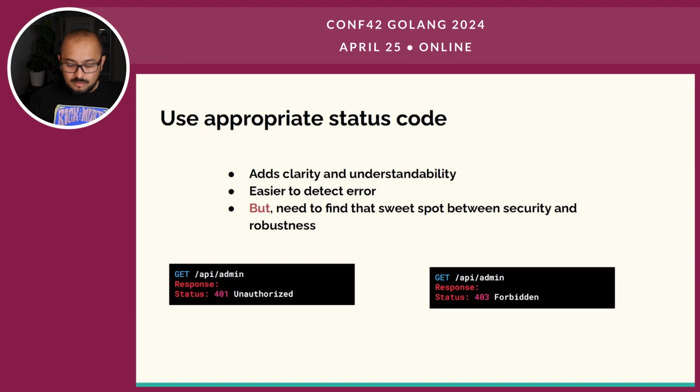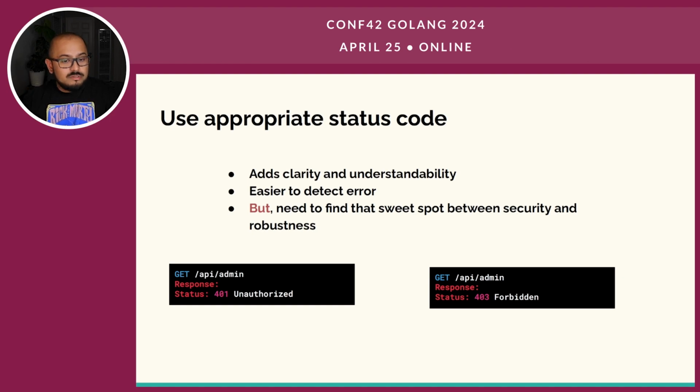The other thing which we can do to make our API more robust is use appropriate status codes based on the situation. Let's see an example here. Here we have two GET responses to /api/admin. One returns 401 Unauthorized and the other one responds with 403 Forbidden. Now suppose the user logs in, the credentials are correct, but the user is not allowed to access the page.